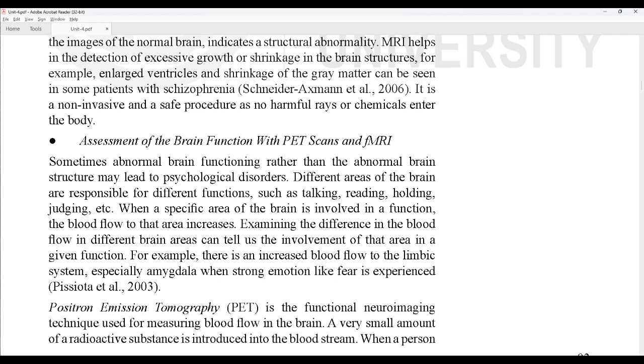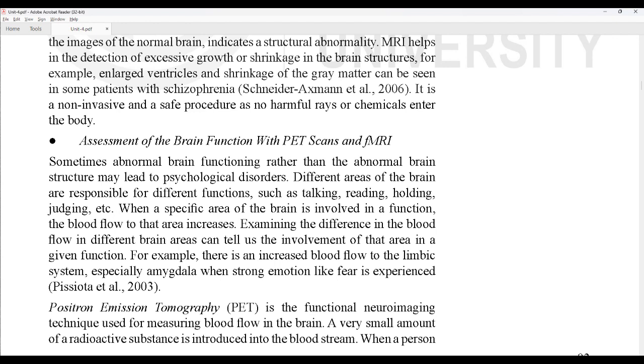Examining the difference in the blood flow in different brain areas can tell us the involvement of that area in a given function. For example, there is an increased blood flow to the limbic system, especially the amygdala, when a strong emotion like fear is experienced (Pishatar et al., 2003).